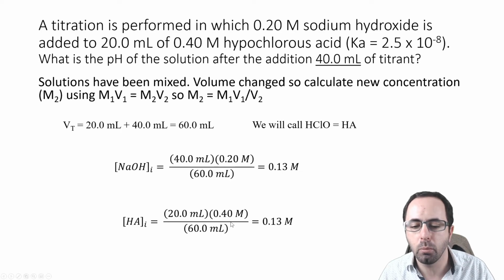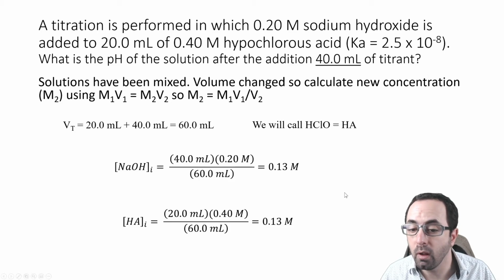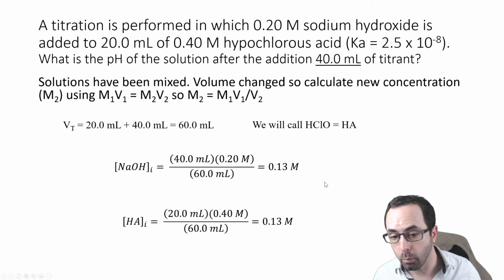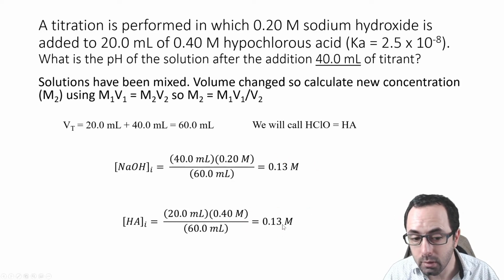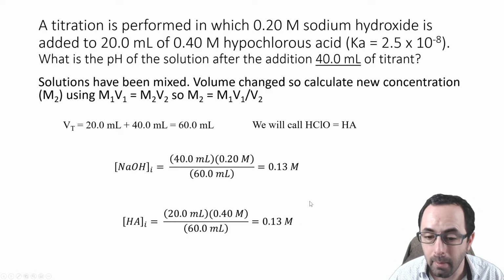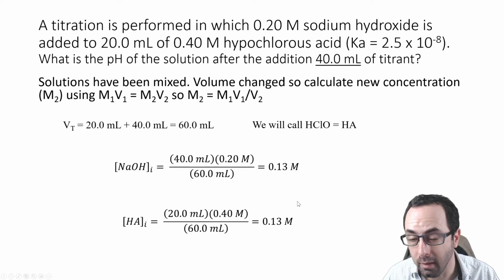And so 20 times 0.4 divided by 60 equals 0.1333. So now we can already see we are at the equivalence point actually. The molarity of our base is exactly equal to the molarity of our weak acid, and so they are going to completely neutralize one another. That is because we're at the equivalence point.